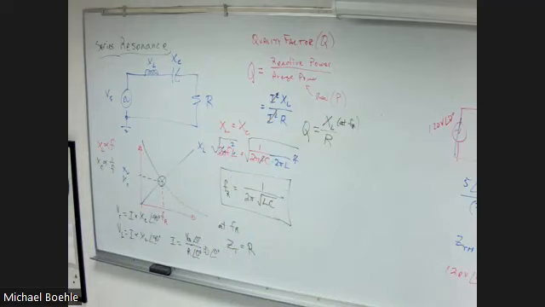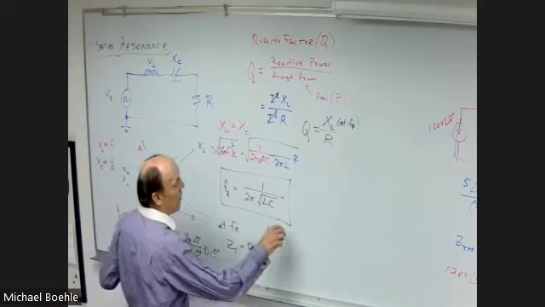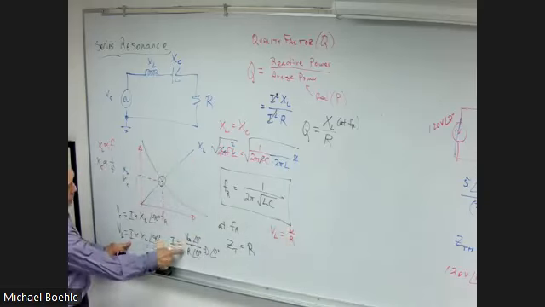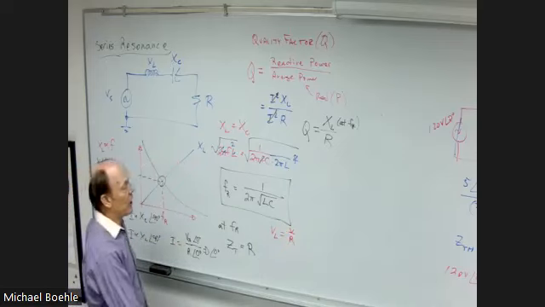Now, this actually allows me then to play around a little bit. So, for example, the voltage across the inductor, and capacitor is going to be the same thing. Voltage across the inductor is going to be the current, which is V over R, right? V over R, times the inductive reactance.